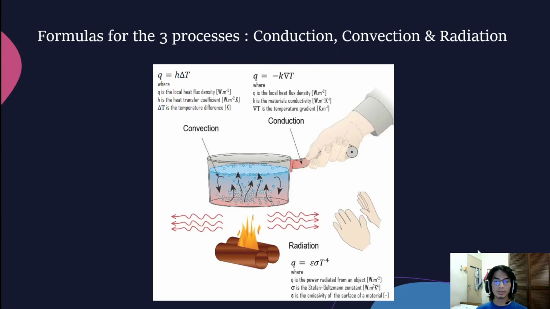What are the formulas for these 3 processes? For the first one, conduction, we write Q equals negative k grad T, where Q is the local heat flux density, k is the material conductivity and T is the temperature gradient.